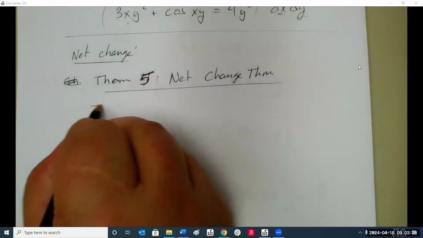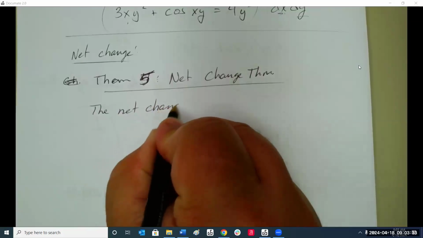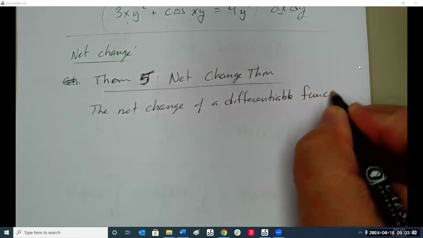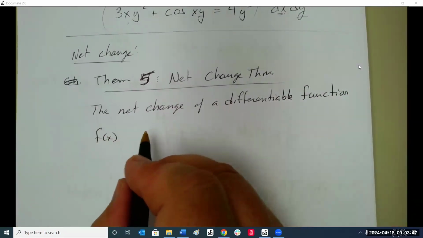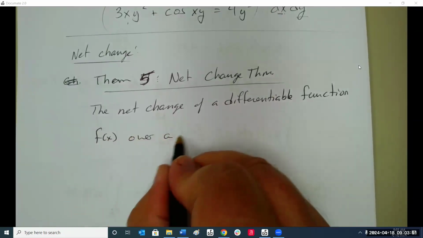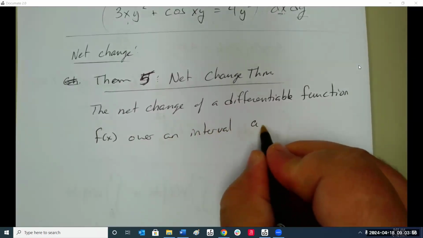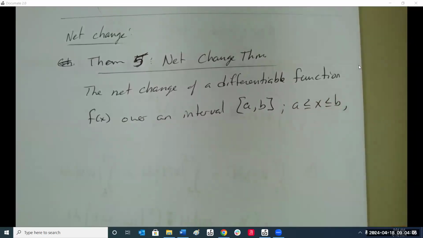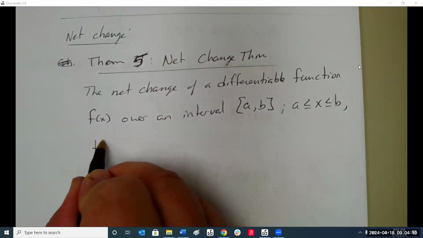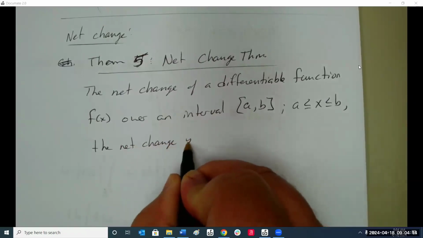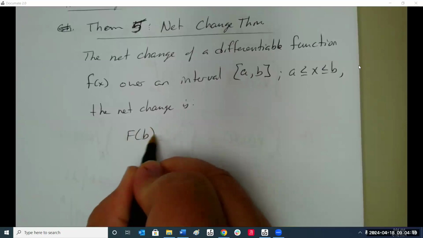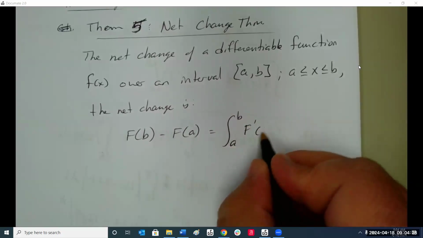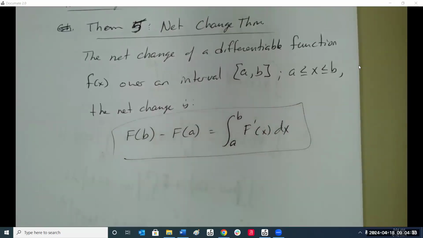It says the net change of a differentiable function f of x over an interval AB, where x is between a and b, the net change is what we defined earlier.